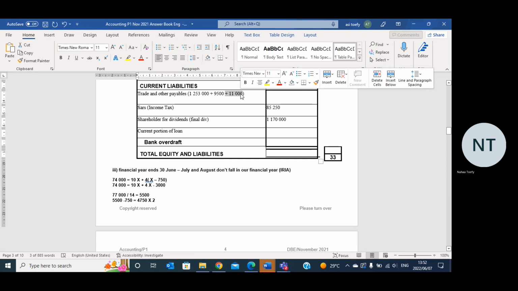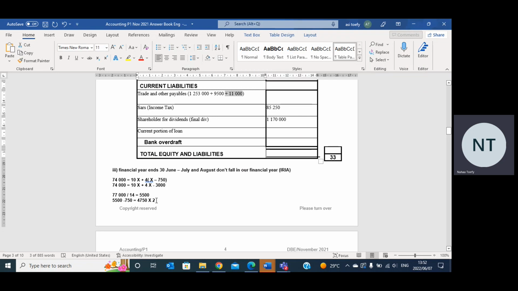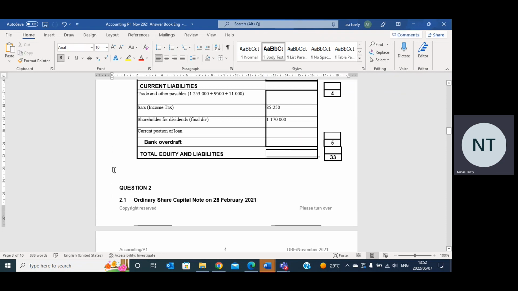Then on the 30th of June, Jimo Limited returns, okay, they returned cost to supplier. The selling price was 1750, but they needed to work up the markup. Right, so now, if that was the selling price, we need to work out the cost price because we bought it at cost price.